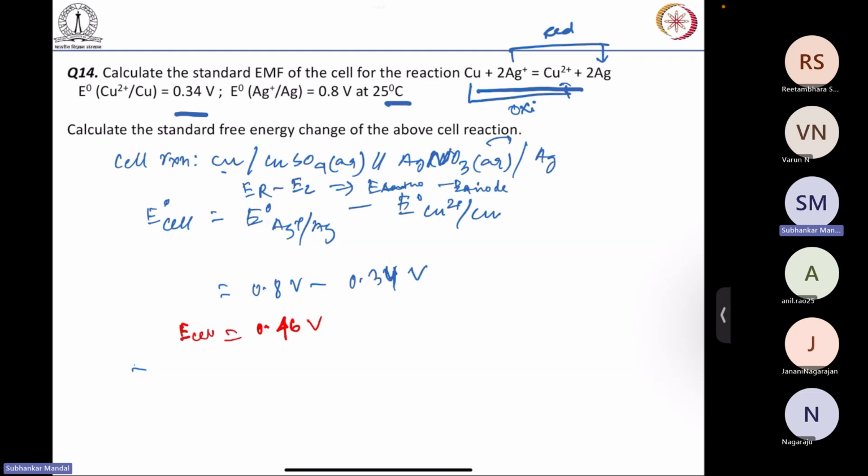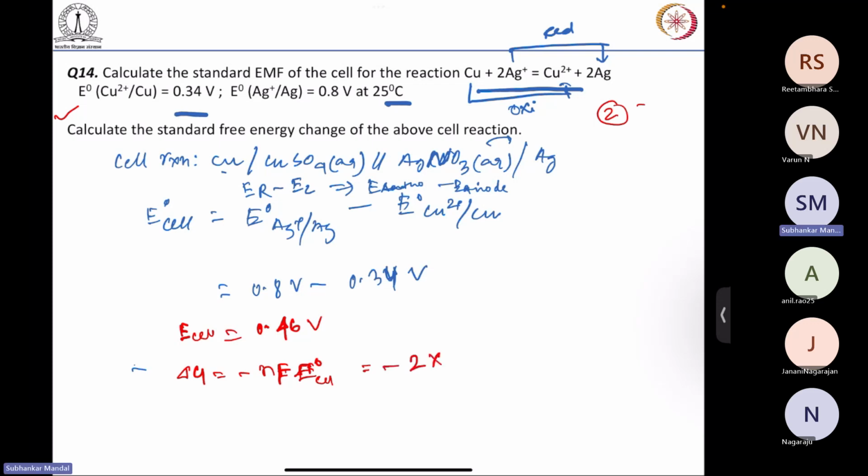Now the second question is to calculate the standard free energy change of the above cell reaction. What is the free energy equation? Delta G is equal to minus nFΔE. So we can calculate, this is a 2 electron process.